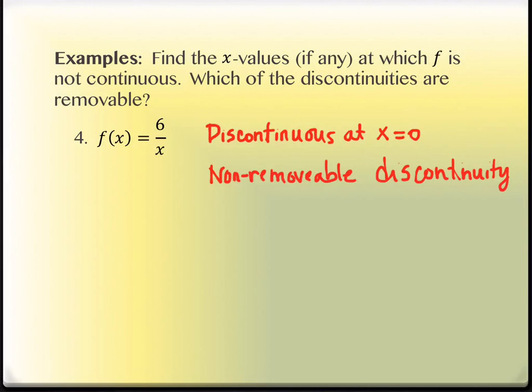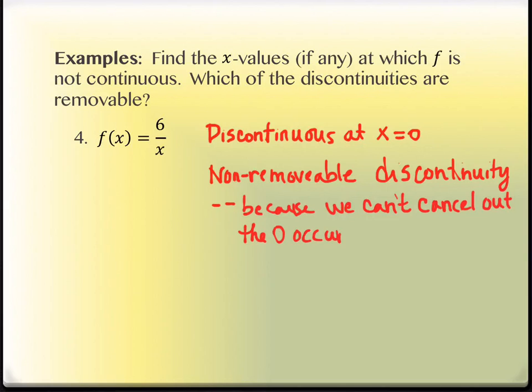And the reason why is because we can't cancel out or reduce, you could use that phrase, cancel out the 0 occurring on bottom, the 0 occurring in the denominator.